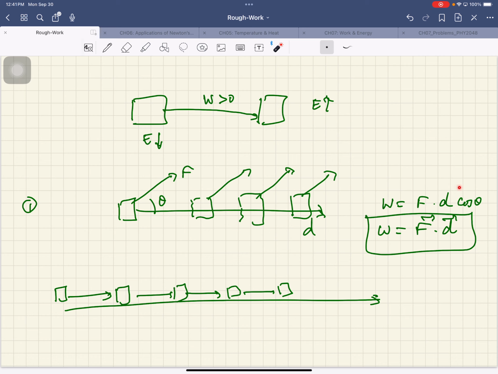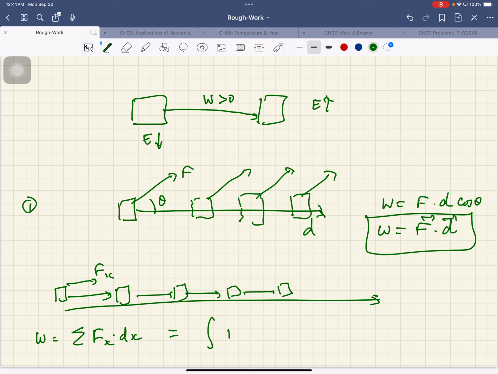F cosine theta is the component of the force along the displacement. So that is Fx dx, and then you summed over all of that. That was the work done.